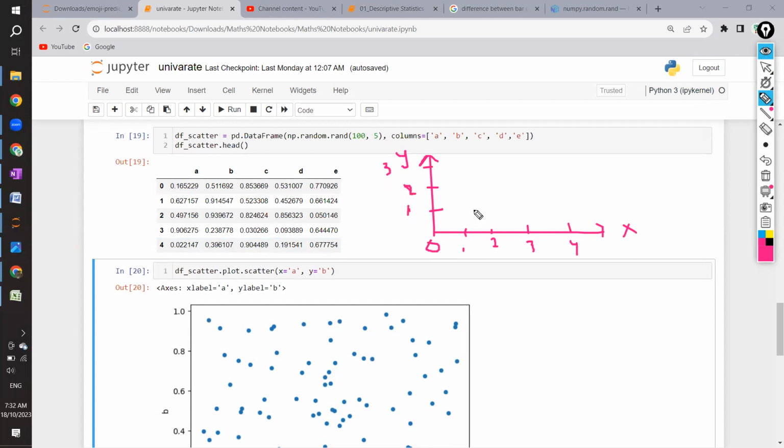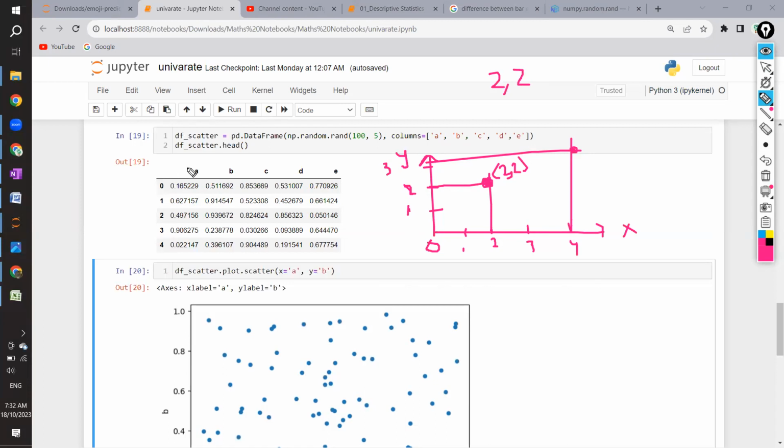If I ask you to plot 2, 2, on the x-axis the point is 2 and on the y-axis the point is 2. Where both join, that point is called 2, 2. The same thing you can do for 4, 3.